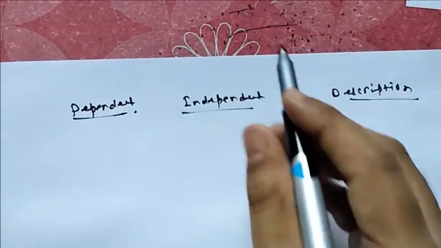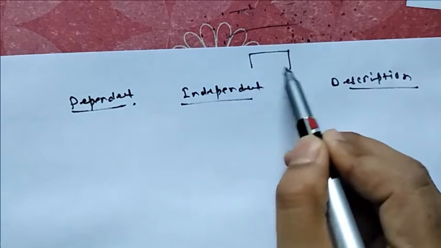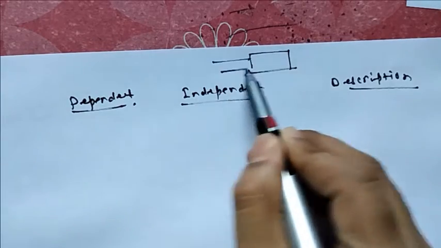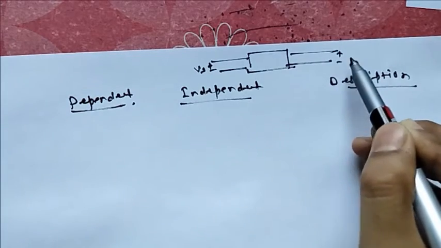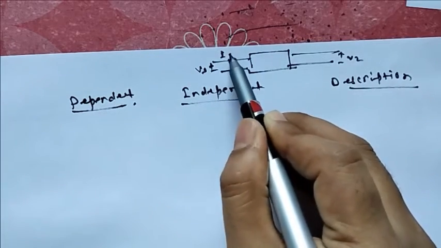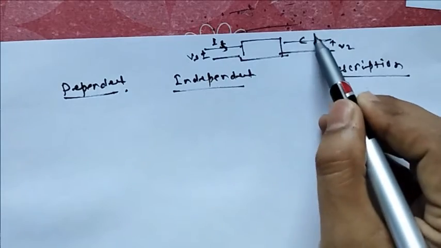Suppose in this network, I am taking the network here in small, this is your V1, this is your V2, this is your I1 and this is your I2.